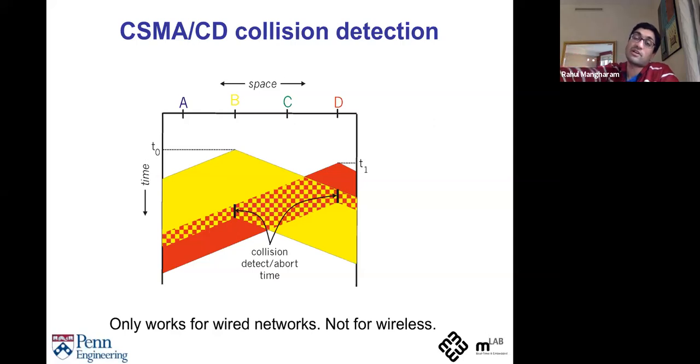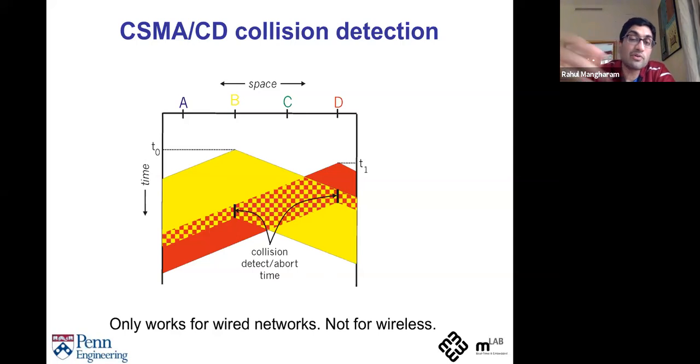It's supposed to send 1,000 bytes, but after 300 bytes, it says there's a collision, and it terminates the communication. So it doesn't waste time on the channel sending more garbled messages after it has detected that messages are getting garbled.